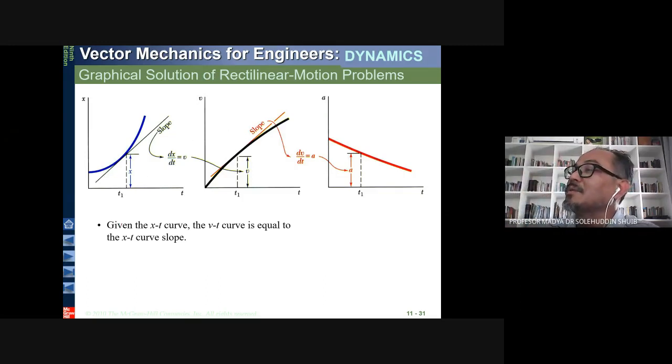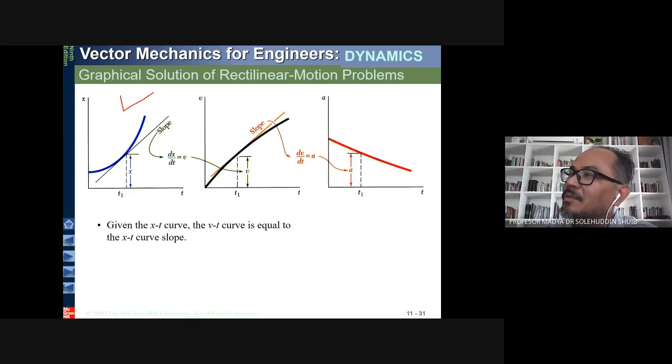The first one is the graph of x versus t. You get the slope of it, the tangent of this curve.